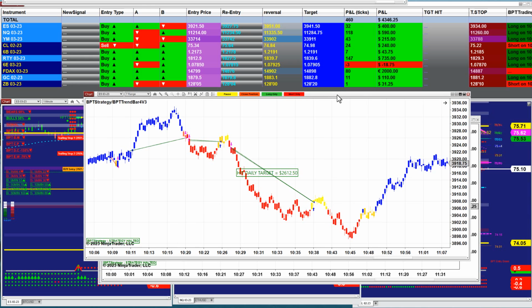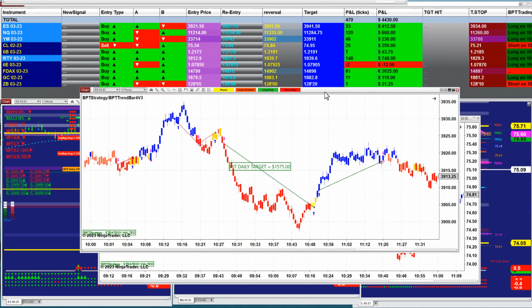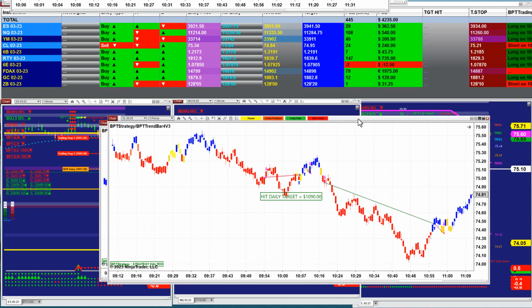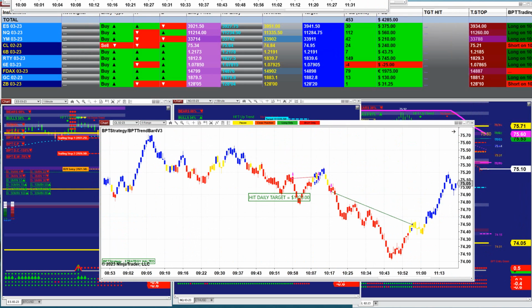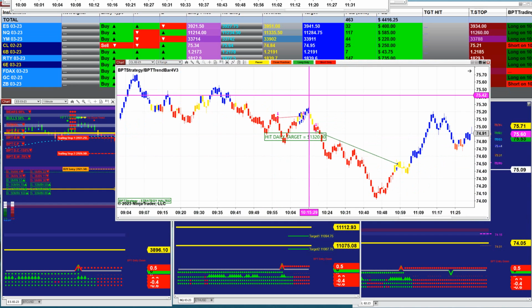Doesn't matter. 2,600 on the ES 7 range and the ES 9 range. Those are the same auto trades every day, and it has nothing to do with the auto trade, it has to do with the market movement. That's how it is. And CL on the 8 range, 1,000, and CL on the 9 range is 1,300.